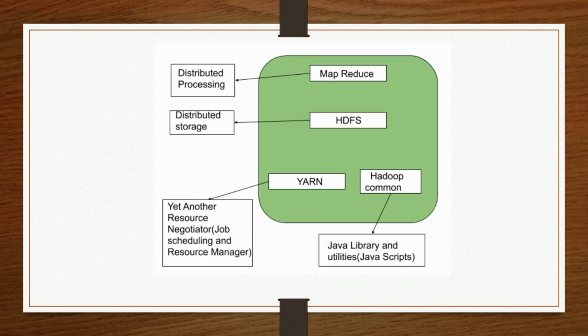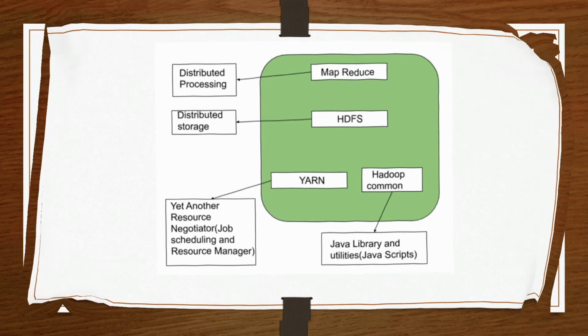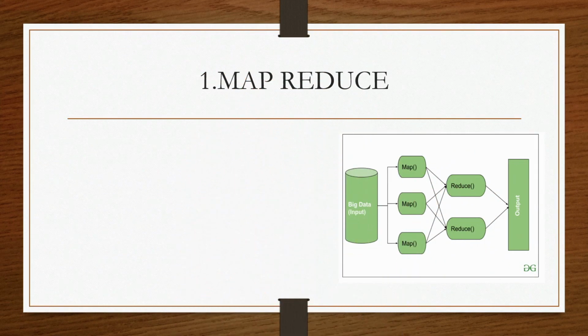YARN, Yet Another Resource Negotiator, is used for job scheduling and resource management. Hadoop Common consists of library functions and utilities. Let us understand the role of each one of these components in detail.